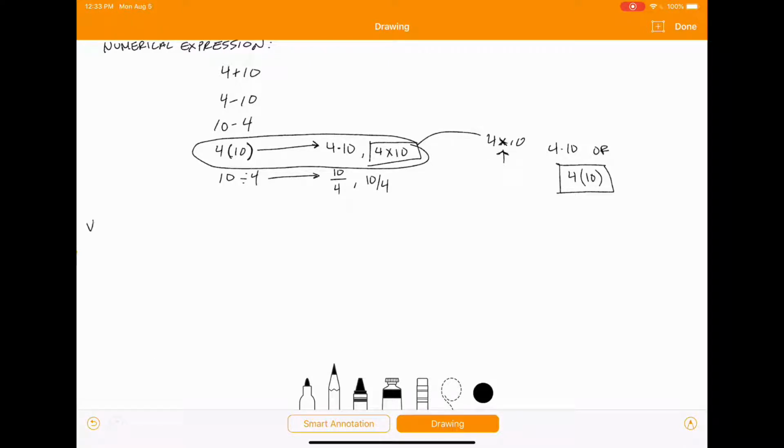So let's go ahead now and define what a variable is. So a variable is a letter used to represent a number.